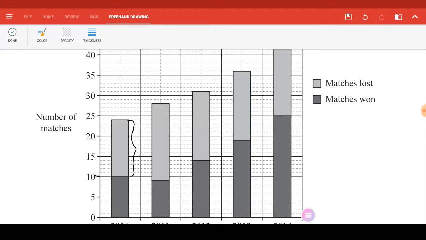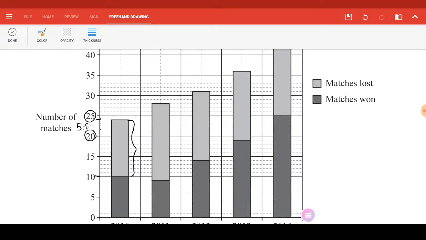From 10 to this, if you need an exact value, you should put an exact value. So you need to know how much each square is worth. The difference is 25 minus 20, giving 5. 5 over 1, 2, 3, 4, 5 squares.